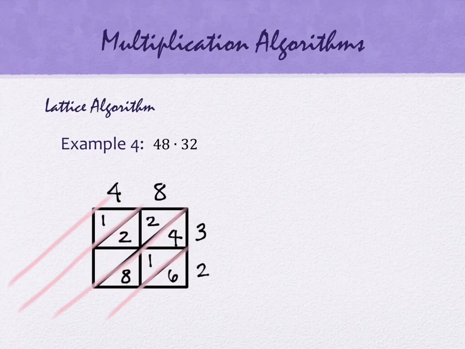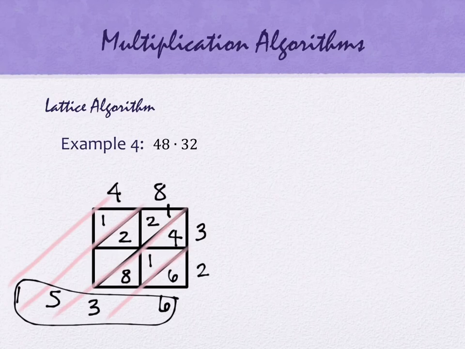So you do have to start in the bottom right-hand corner for this to work. So this will be a 6. And then moving one diagonal to the left, I have 8 plus 1 plus 4, which is what? 13. So I write down the 3 and I carry a 1. I have 1, 2, and 2, which is 5. And then the last diagonal is a 1. So my result is 1536.